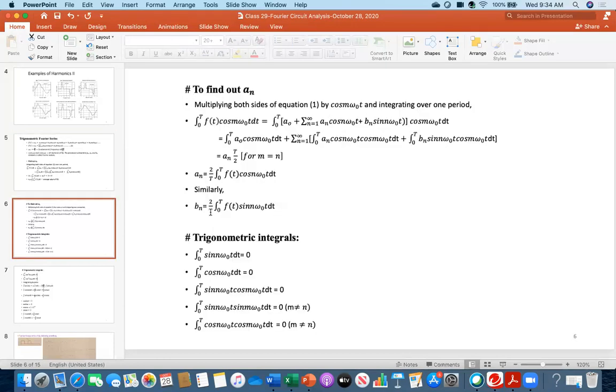Those are needed. So everybody, please write down that a n function and b n function. Just write down this one: a n is 2 by T, integration 0 to T, f(t) cosine of n omega naught t dt, and then b n this one.